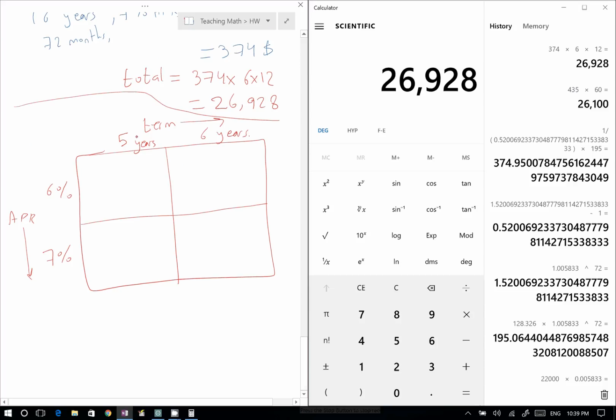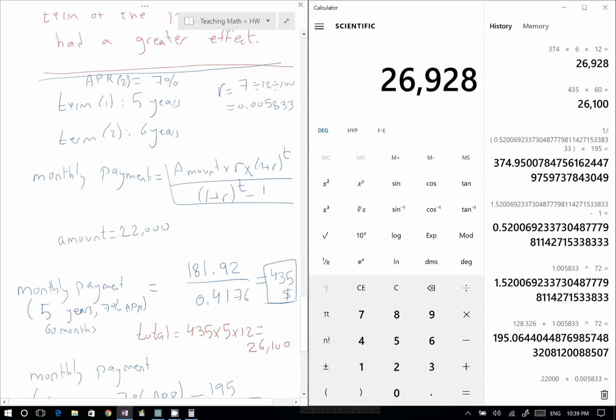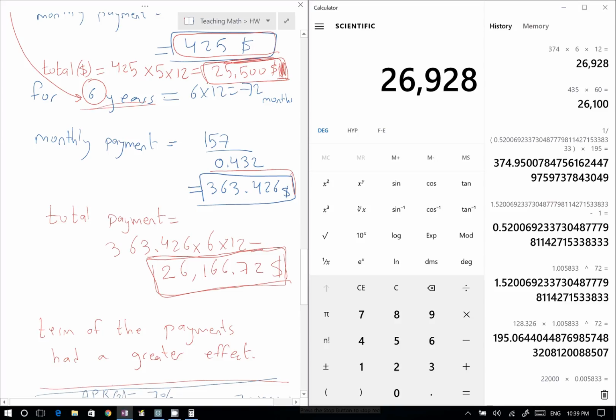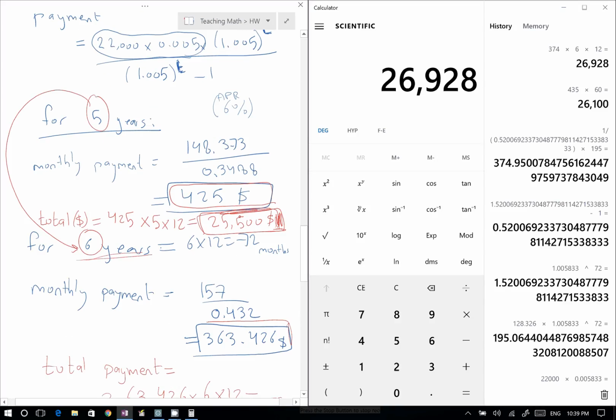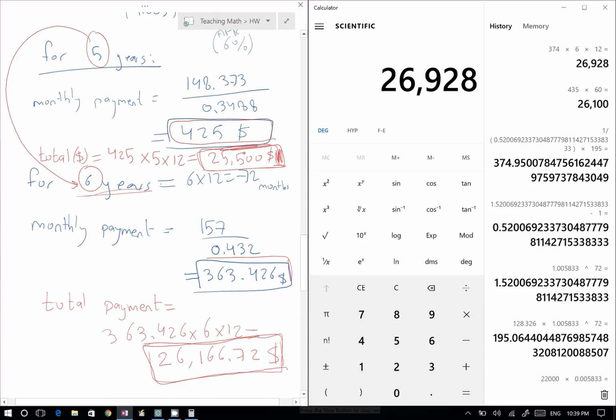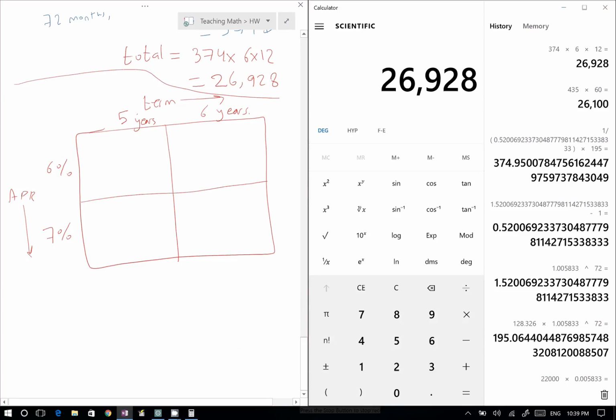5 years, 6%, 25,500. So in this option, I'm saving from the zero interest option. 6 years, 6%.